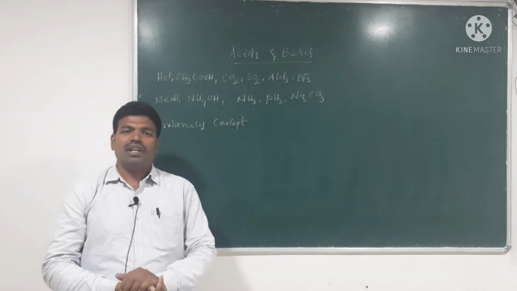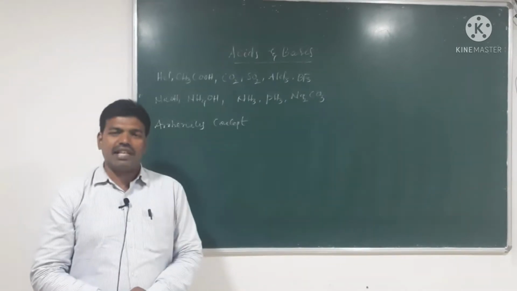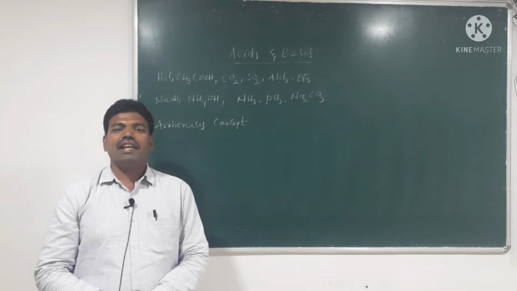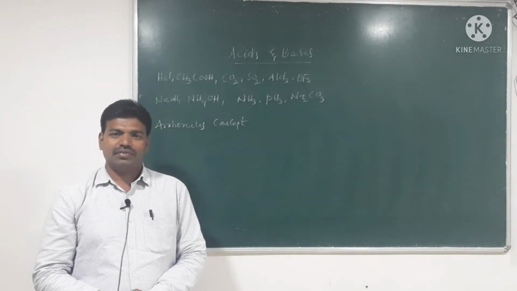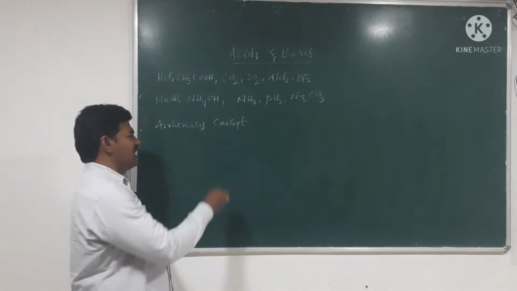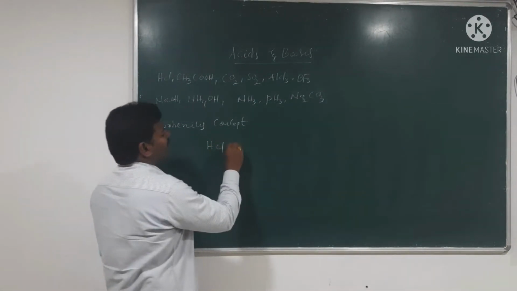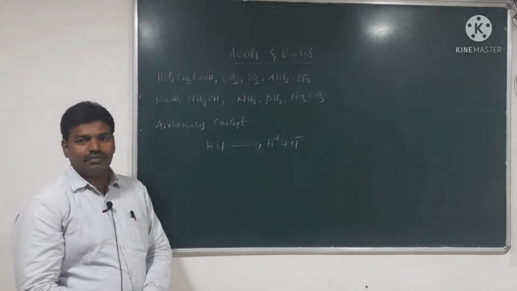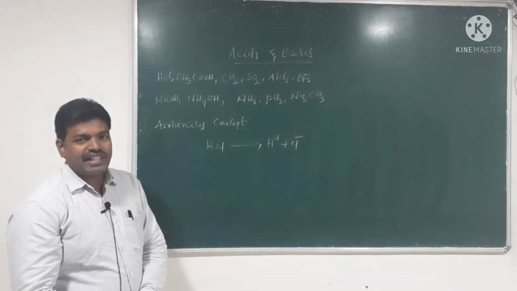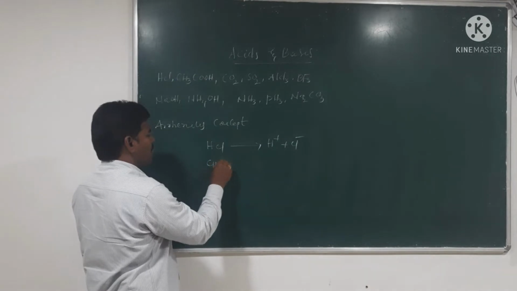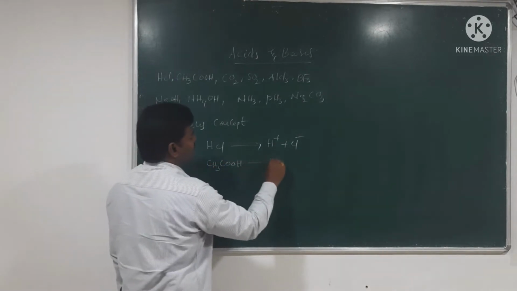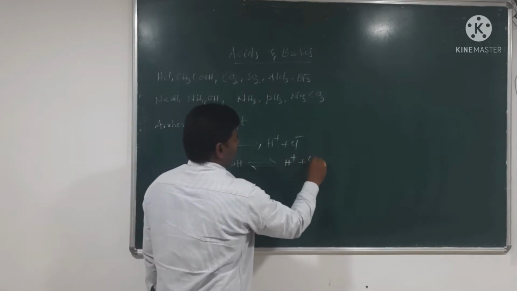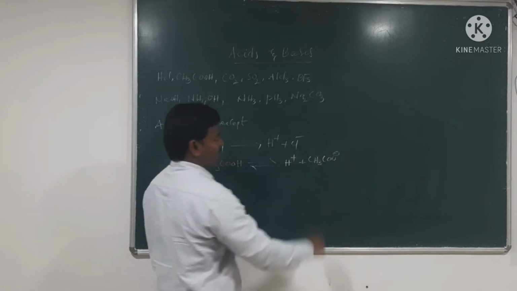An Arrhenius acid is a chemical compound or a chemical substance which furnishes or produces H plus ions in aqueous solution. For example, HCl can furnish H plus ions, and one more example is CH3COOH, that is acetic acid, which can furnish H plus ions and acetate ion.